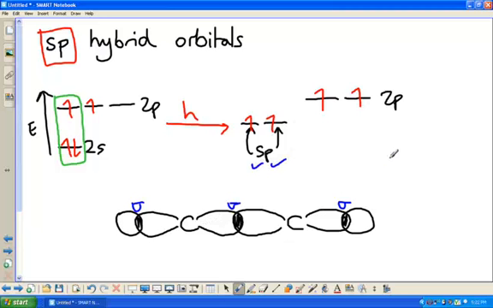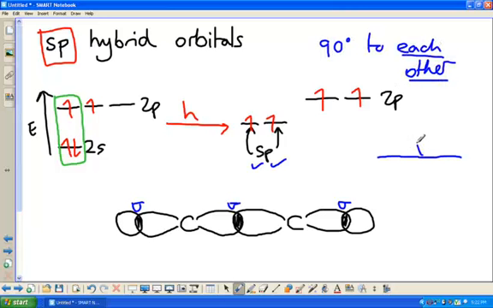Now, once again, just imagine that the sigma bonds are all in one plane, so you're looking at the molecule, say, from top down. Each carbon still has 2 p orbitals, and these lie at 90 degrees to each other. So if one is pointing up and down, one is going to be coming out towards you, kind of like that. I can't really show it very well.